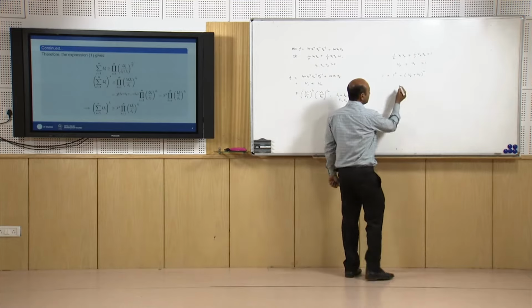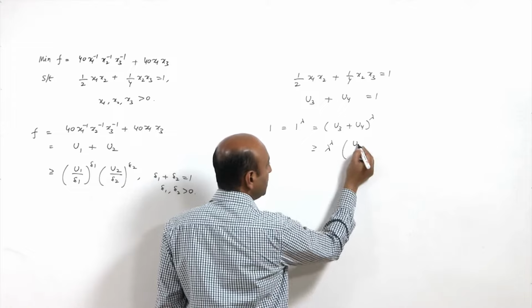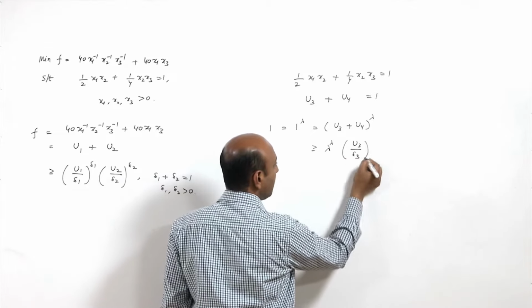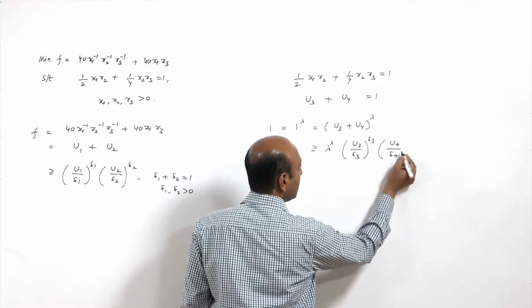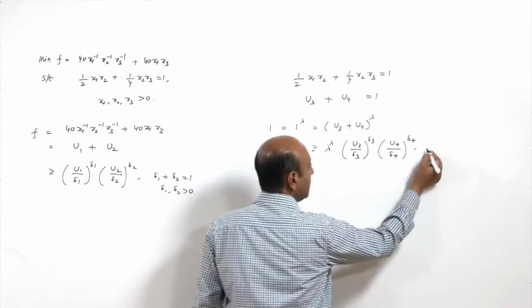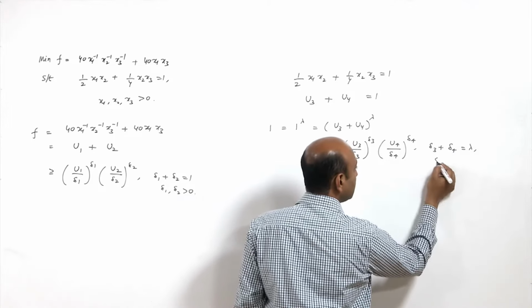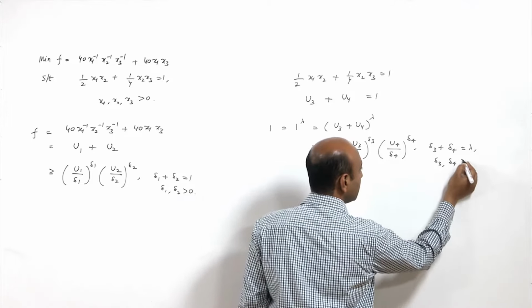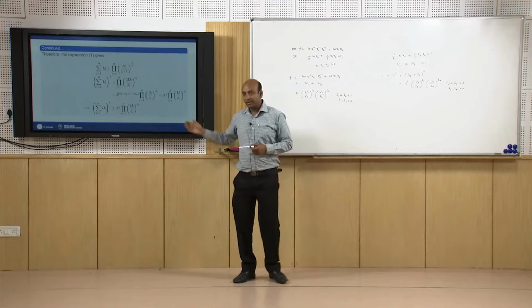So, it will be greater than or equal to lambda raised to power lambda into (u3 upon delta3) whole raised to power delta3, (u4 upon delta4) whole raised to power delta4, where delta3 plus delta4 is lambda and delta3, delta4 are strictly greater than 0. This is by this inequality.